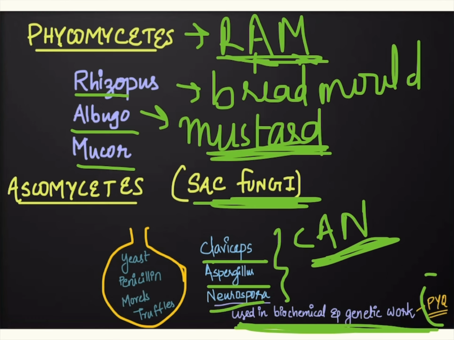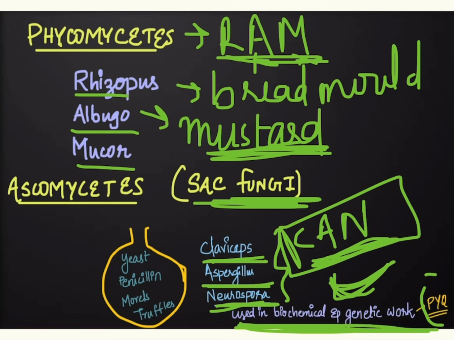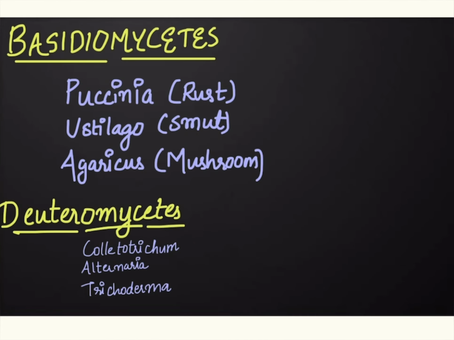And then another trick is CAN. C stands for Claviceps, A stands for Aspergillus and N stands for Neurospora. Neurospora is used in the biochemical and genetic work. It's a PYQ, you have to note it.